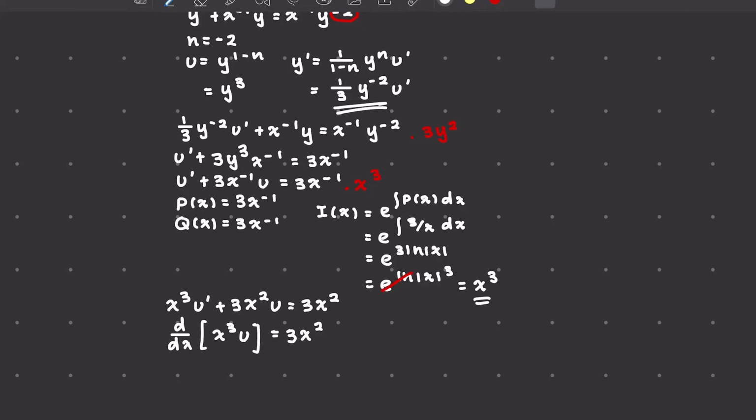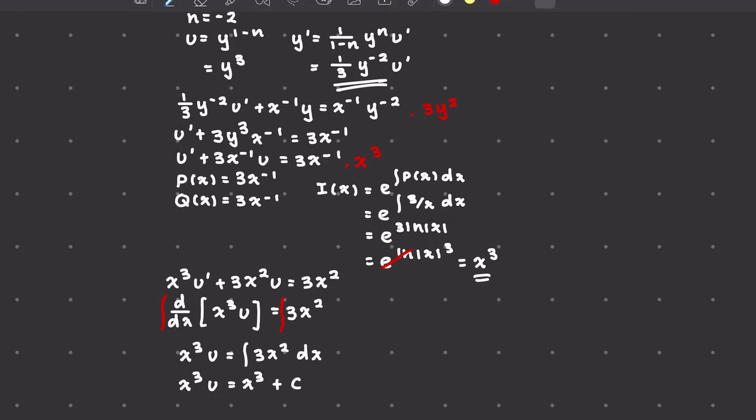If we want to remove our derivative here, let's integrate both sides, which gives us x cubed u equals the integration of 3x squared dx. After we integrate our right side, 3x squared is just x to the third power, or x cubed, plus c. Don't forget the constant, okay?